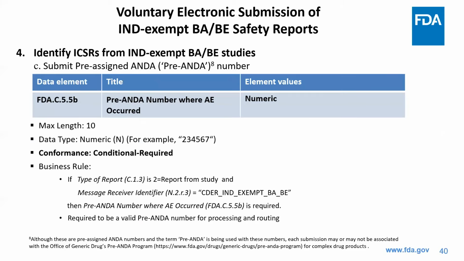Submitters should make sure to include a pre-ANDA number in the FDA C55B.